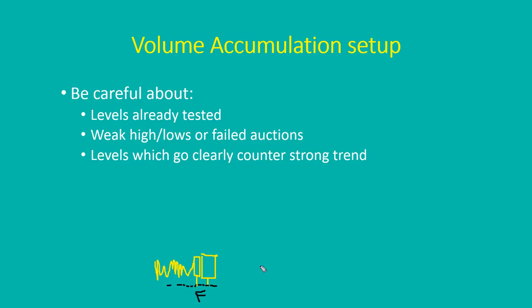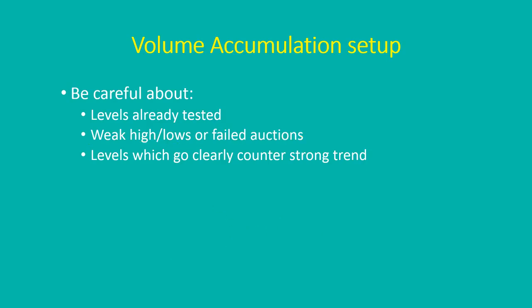And if there is buying activity afterwards and then the price returns back to the heavy volumes created within the rotation, then you don't go long from the level because the price is likely to go downwards to test below this failed auction and create a successful auction. Alright, so if there is a weak high or weak low or a failed auction, it's quite risky to enter your trade. So always watch out for those.